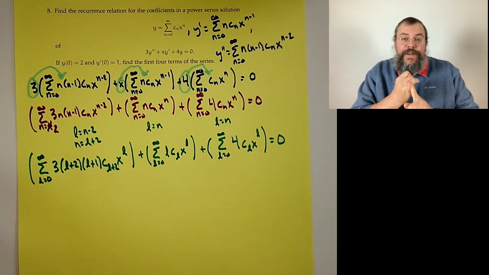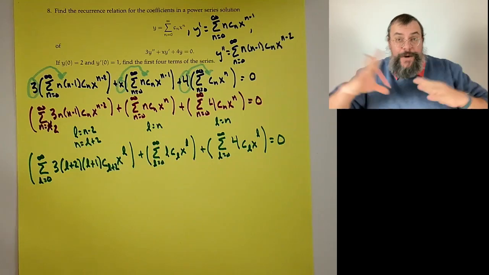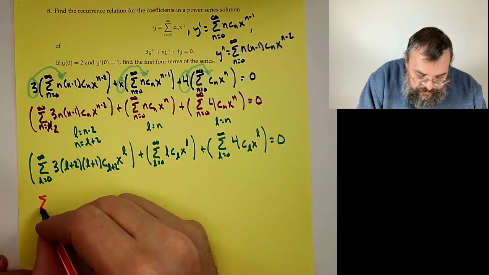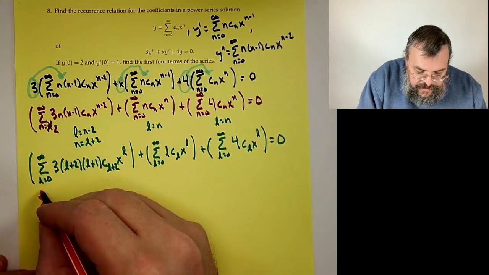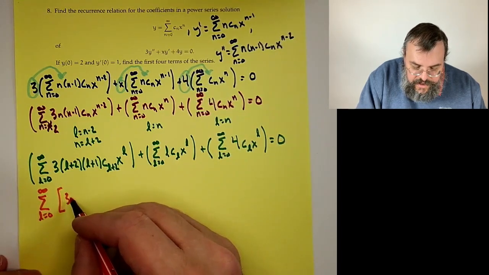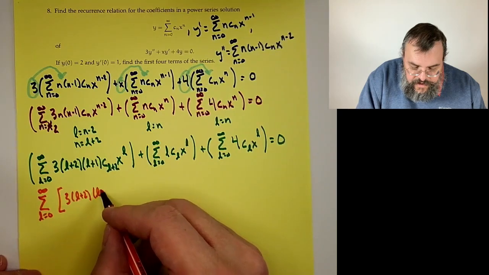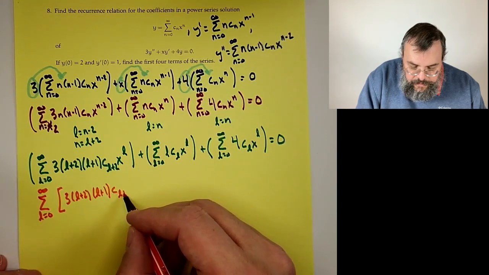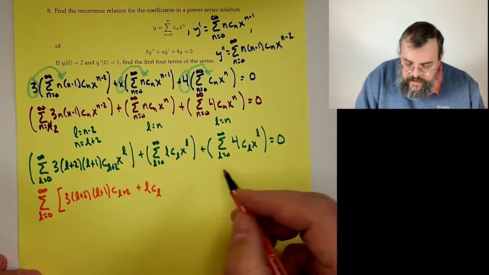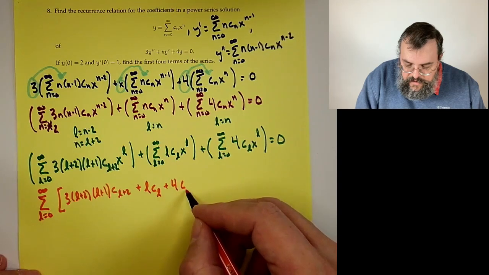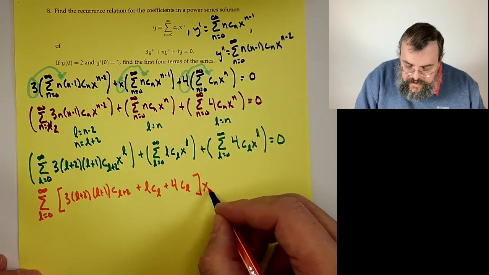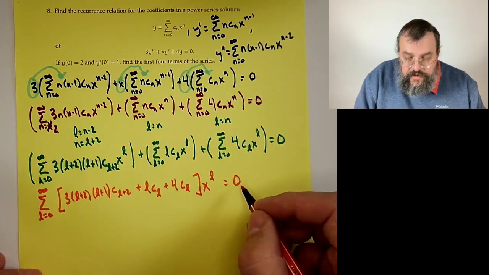Okay, so we're happy. Our sums all start at the same place. We all have x to the L. We're going to put it all together in one big happy sum. So the sum from 0 to infinity of, grabbing our coefficients, 3 times L plus 2 times L plus 1, C sub L plus 2, plus L C sub L, plus 4 C sub L, and all of that times x to the power L equals 0.